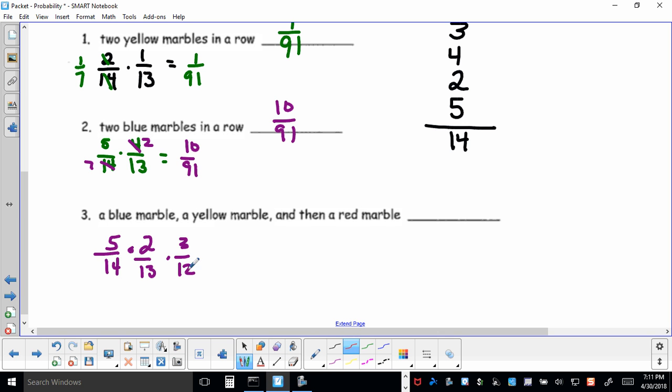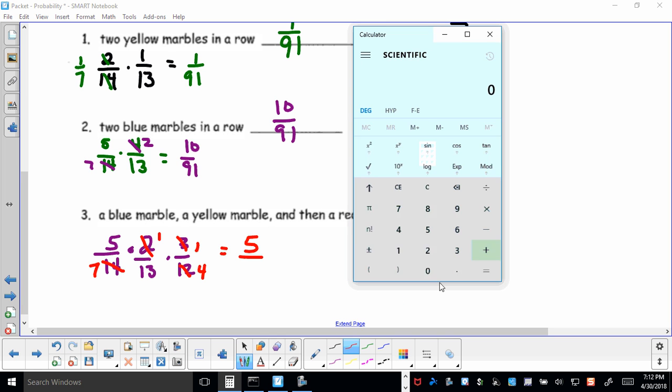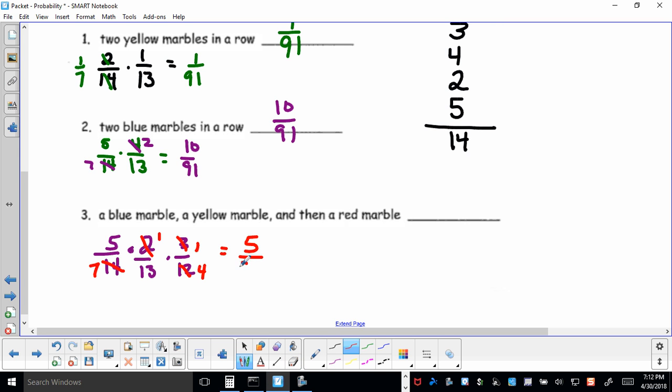So let's simplify some of this. 5 goes into any of that. 2 goes into 7. 3 goes into 12. So that's already got me down. So the top is 5, and then I've got 7 times 3 times 4, so 84. So I have a 5 in 84 chance of drawing a blue, a yellow, and then a red marble.